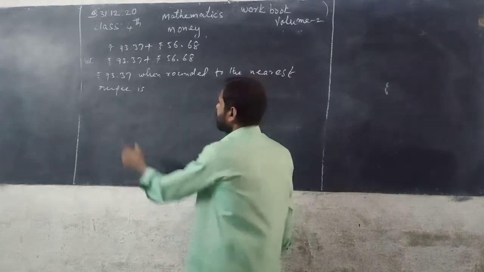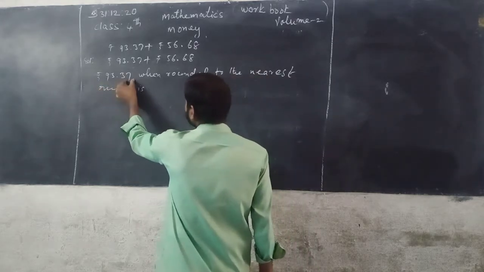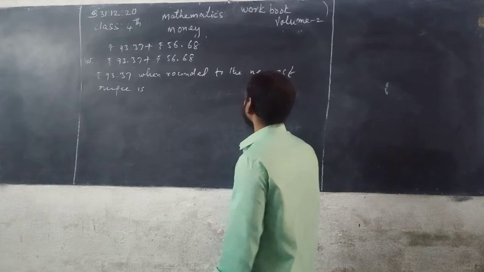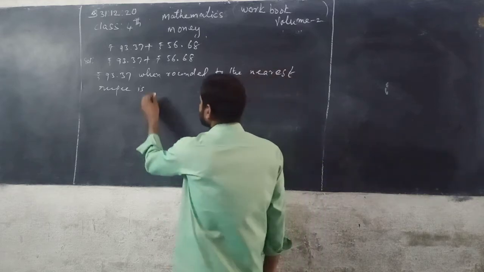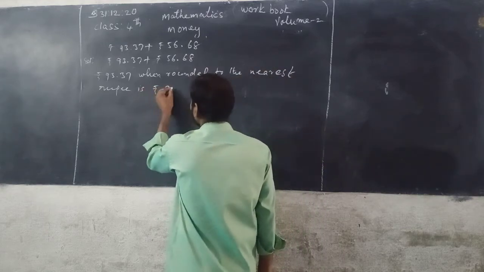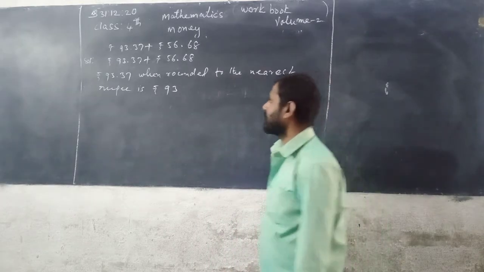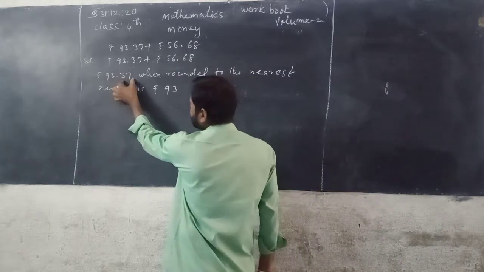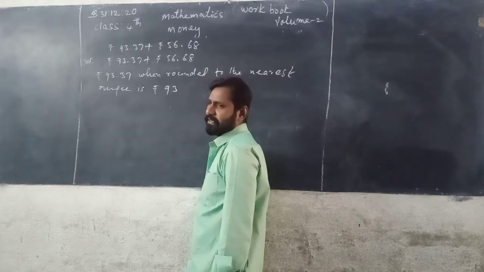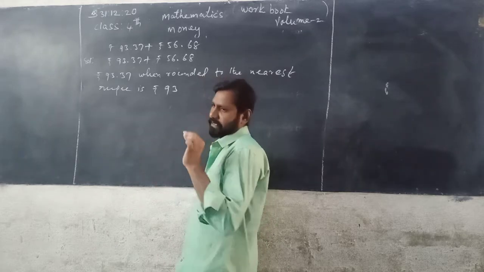Then you can write 93 rupees 37 paise when rounded to the nearest rupee is 93 rupees, beta, because 37 paise is less than 50 paise. So 37 paise is nearer to 0 paise.